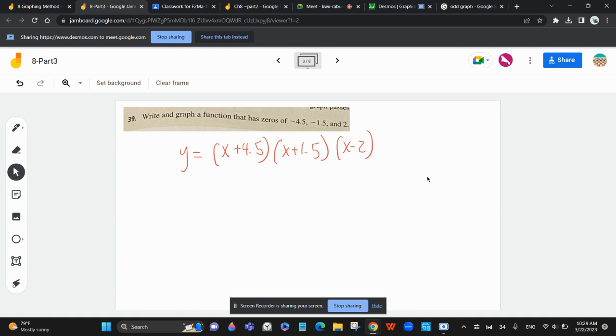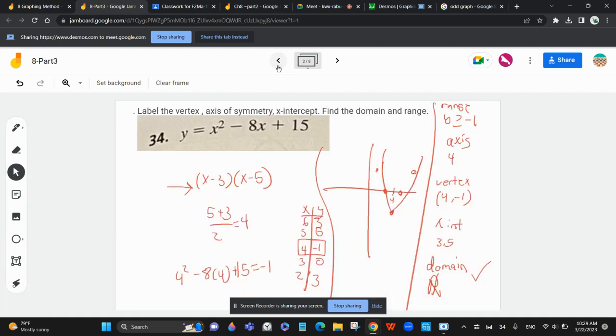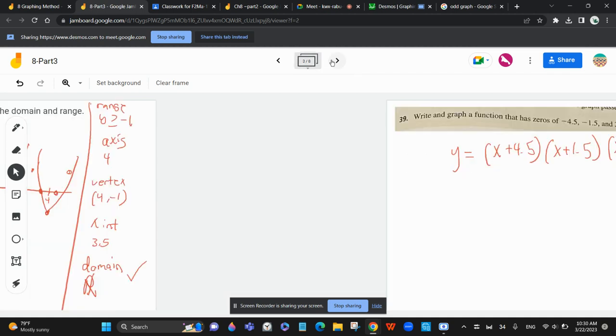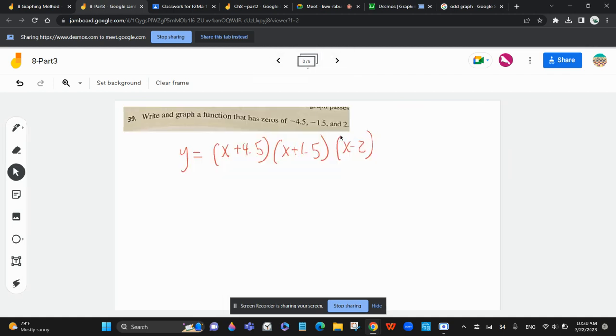Oh, because this is not a quadratic. So this one is a different question from 34. You will not need to label the axis, x-intercept and all those. You cannot find them. This one just asks us to graph and write the function.